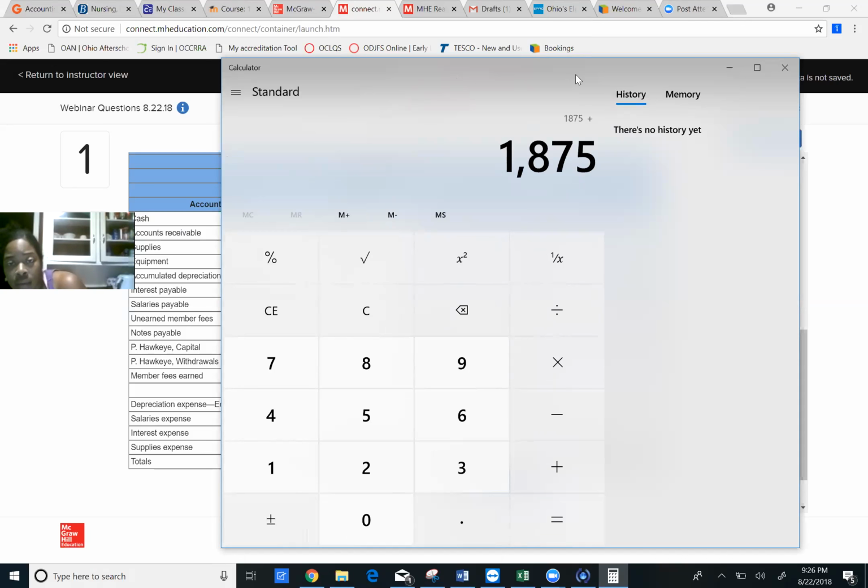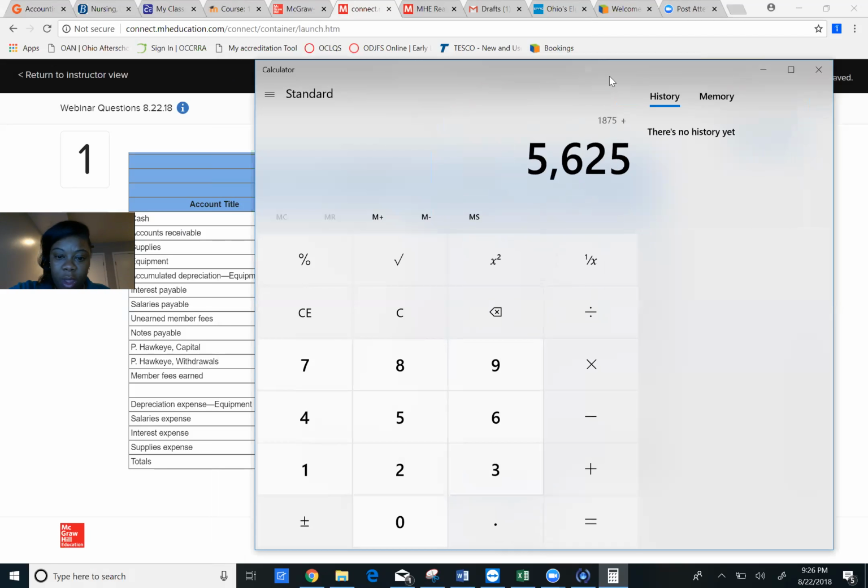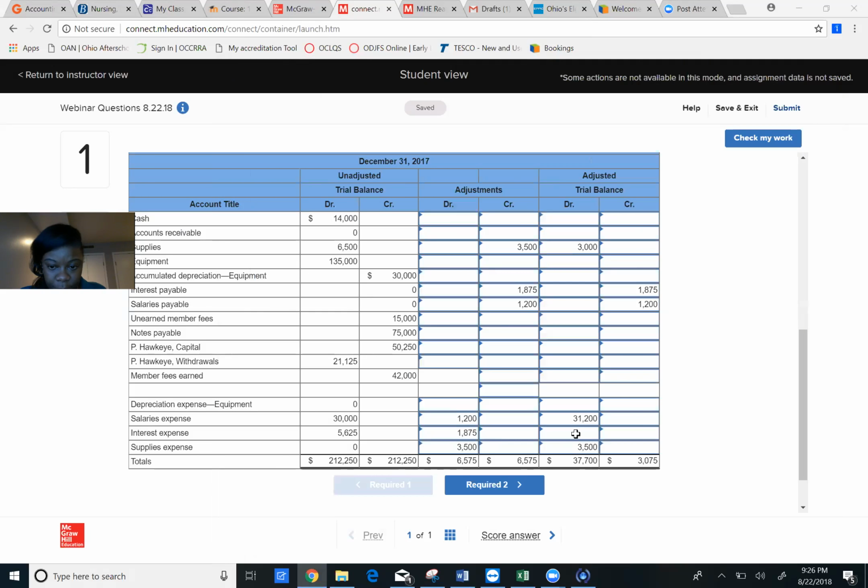It's 7,500. So I'm going to have a debit of 7,500, because a debit plus a debit equals 7,500.